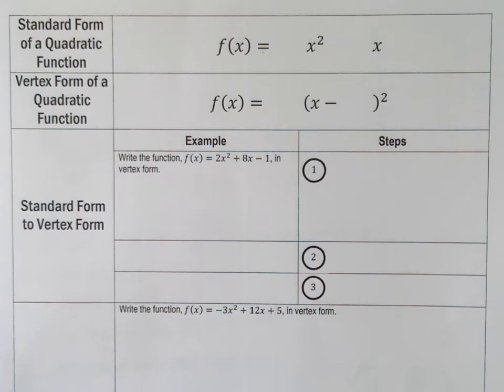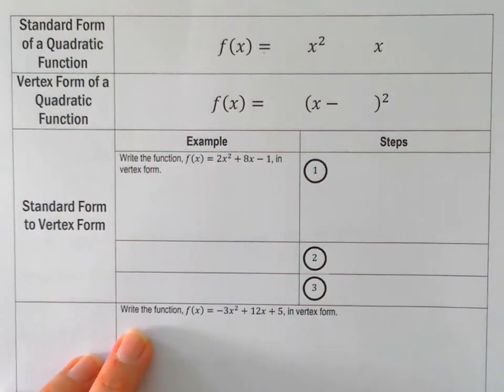Okay, so we are talking about vertex form today, which some of you seem to already know because you were writing it in your answers. So the standard form of a quadratic function is something we've already seen.